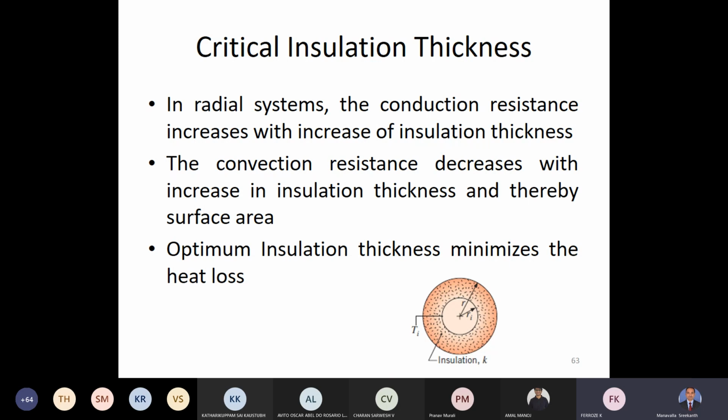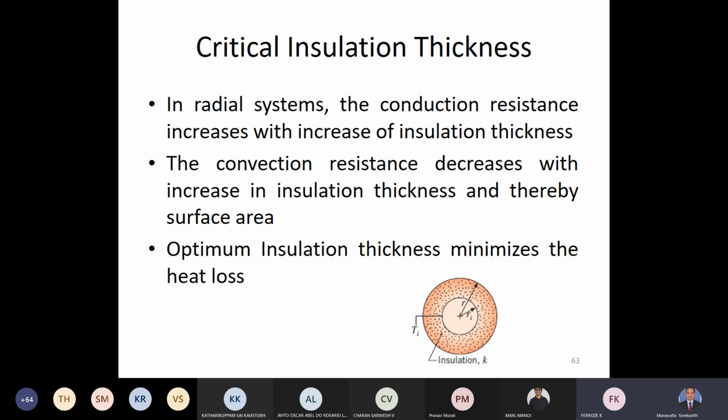Otherwise, what happens if the heat accumulates? The heat will melt the insulation of the electric cable, which is usually a plastic material. That insulation gets melted with excess temperature. To avoid that, we have this concept of the critical insulation thickness.